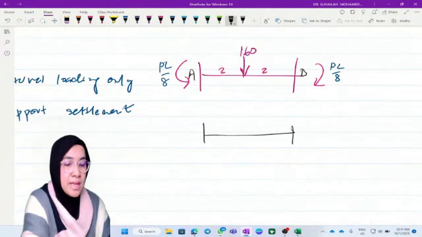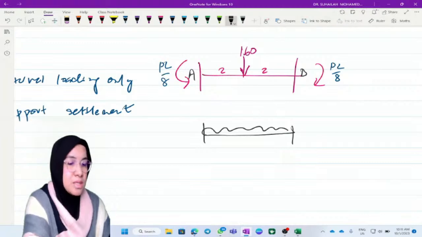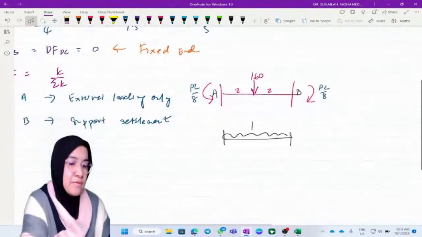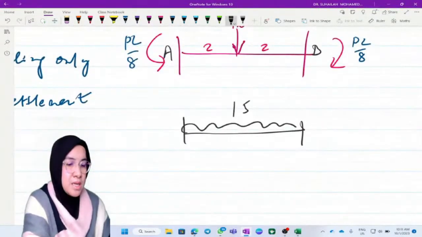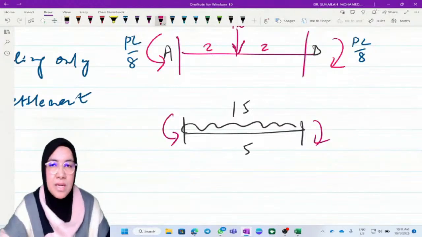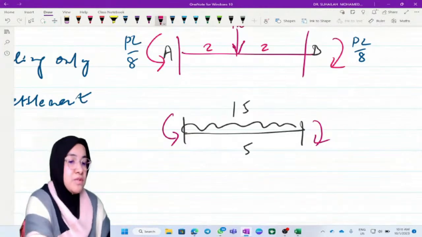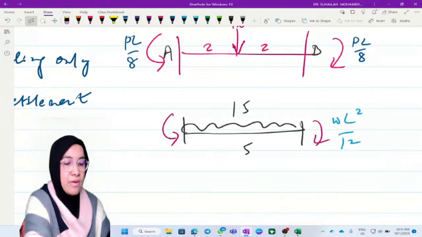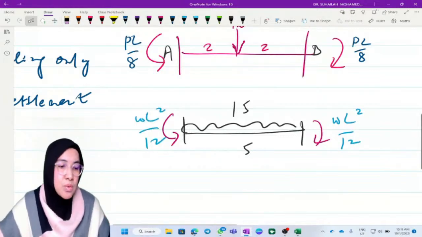The load is 15 and the length is 5, so we will have this behavior for the fixed end moment. The formula is WL squared over 12.